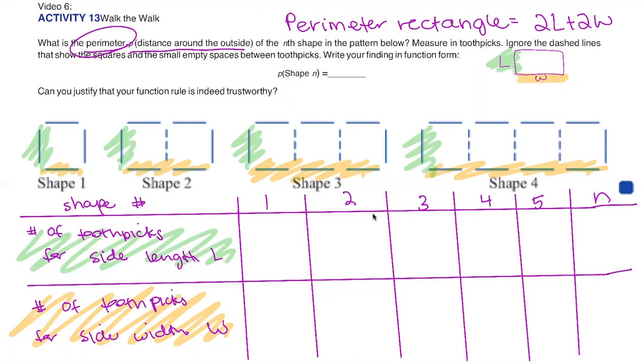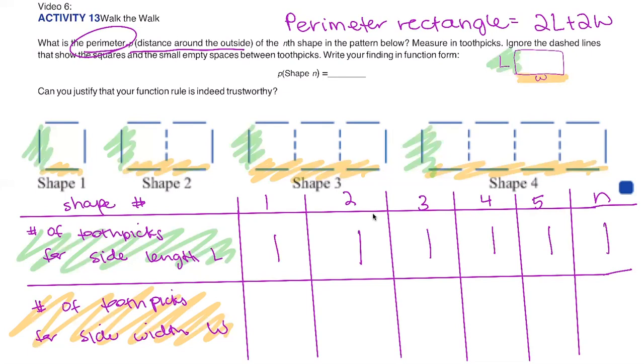For shape 1, my length is 1. For shape 2, my length in green is 1. Same for 3, same for 4. I'm going to bet same for 5. And then for N, it's also going to be a 1. Cool.